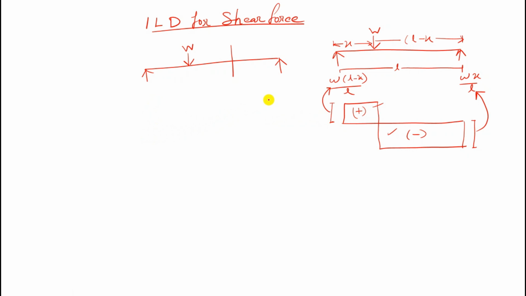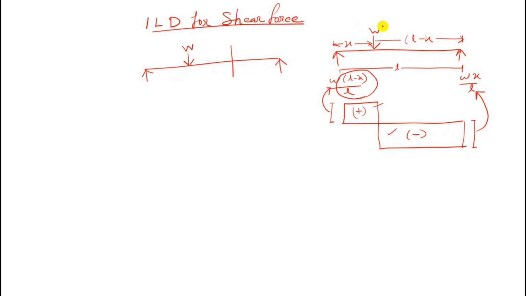Now if x equals 0 here, then this value will be equal to W. Or if x equals 0, then this part will be 1.